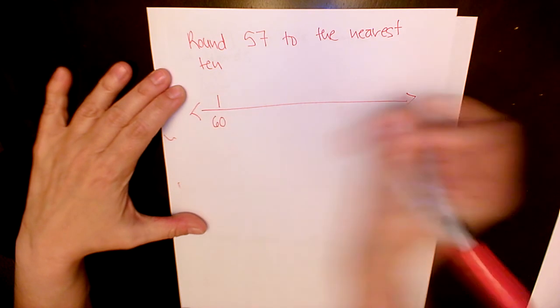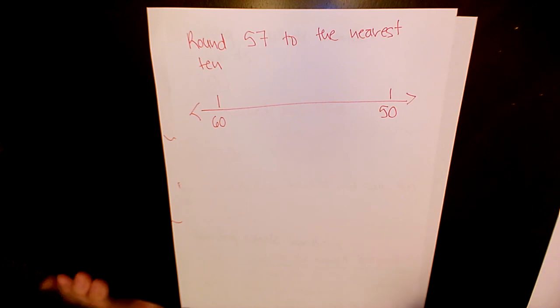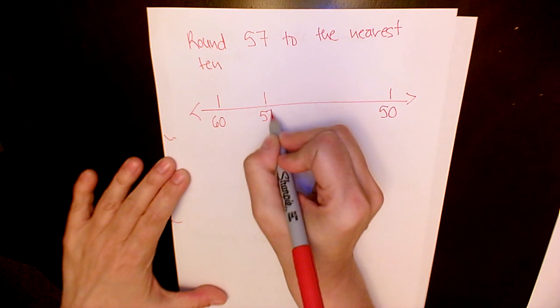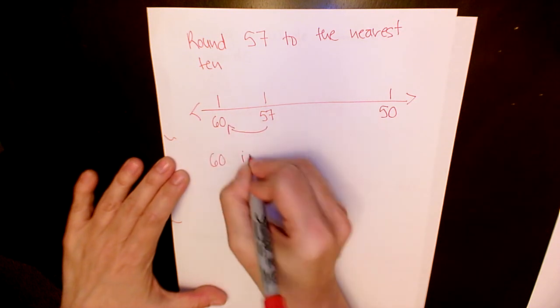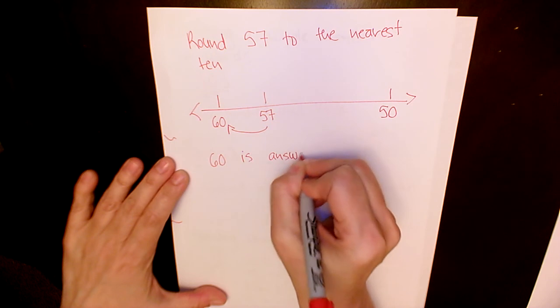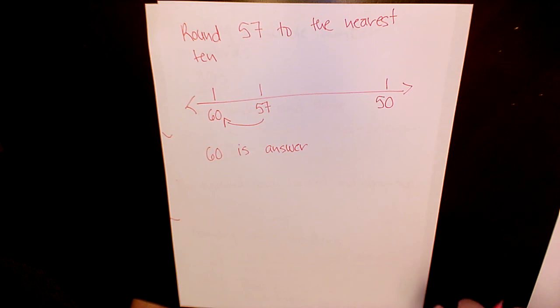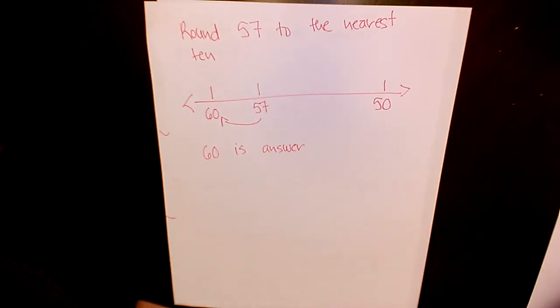It falls between 50 and 60. And where is 57? Well, if you put it on the number line, it's closer to 60. So 60 is the answer, which is what we got when we used the rounding rules. So you can either put it on a number line or use the rules. They're both explained in the book or in the ebook online.